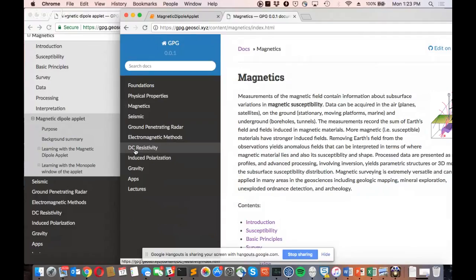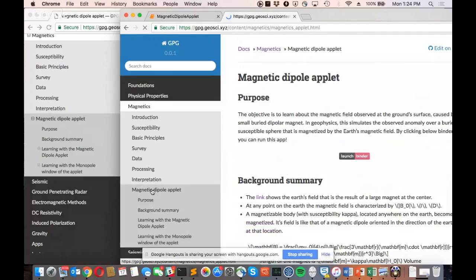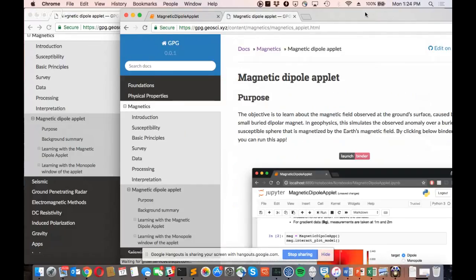If you click on this, it's going to open up an index to a whole suite of applications. We're actually going to look at a particular app that's in the magnetics. So here's the magnetics. Here's our magnetic dipole applet.